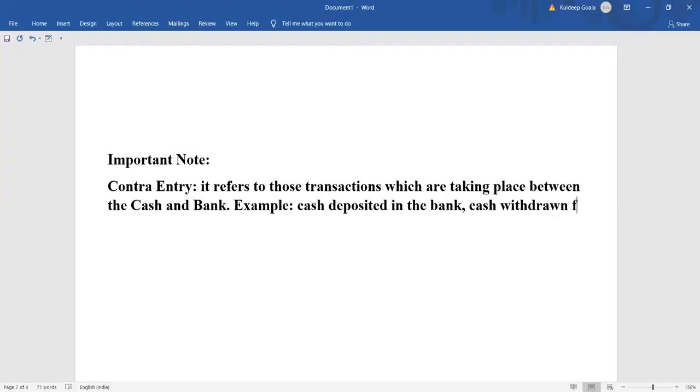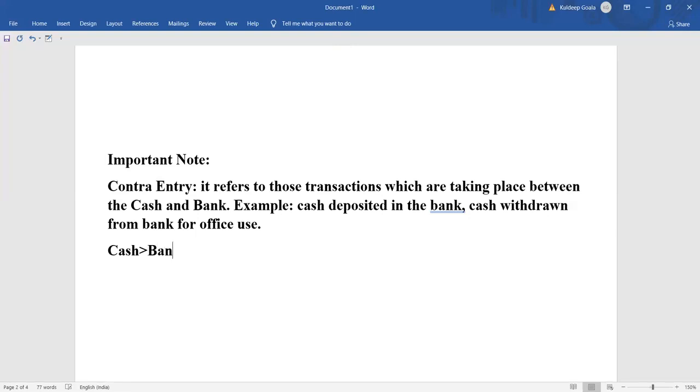Remember, withdrawn from bank should be only for office use, or if nothing is mentioned, then fine. Nothing mentioned means office use. And if it is mentioned, it should be only office use. It shouldn't be for personal use. If it is for personal use, then you will be taking drawings. It will not be a contra entry. So cash withdrawn from the bank for office use. Is it clear? So cash deposited in the bank, then cash withdrawn from the bank. These are all referring to the transactions between the cash and the bank.